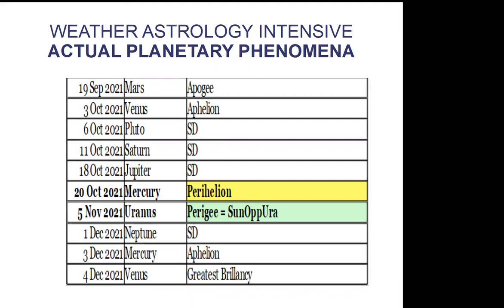We hold that in the back of our minds for this time that Mercury is perihelion. And for MJ it is autumn. So if we look on page 4, we've got colder wind and rain for that Mercury perihelion. And so that's how we've got all the planets listed.